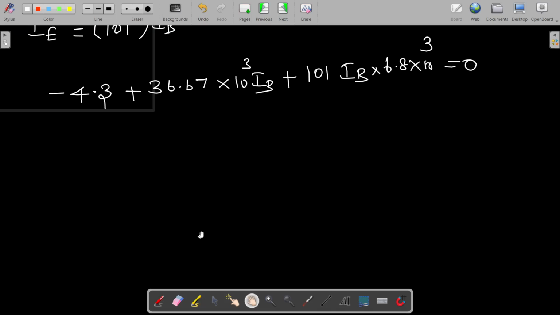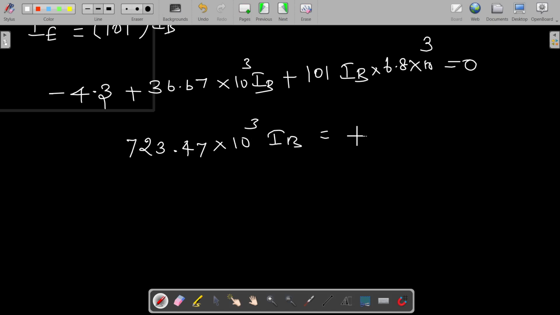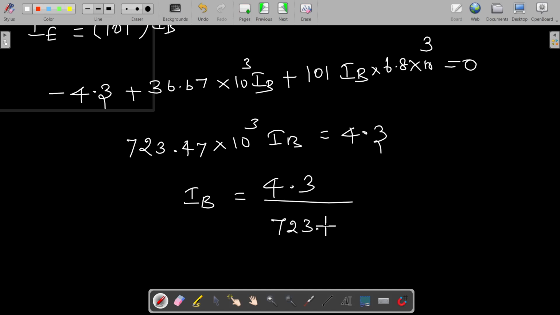So when you combine these two IB values, we'll get it as 723.47 into 10 power 3 IB, that is equal to 4.3. So IB is equal to 4.3 divided by 723.47 into 10 power 3.